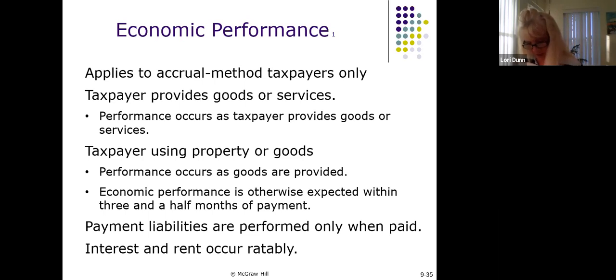Payment of liabilities is our last category. Economic performance occurs for certain amounts we owe when the business actually pays it. So incurring payment liabilities are essentially the cash method. So you can't deduct these until you actually pay them. Some examples: workers' compensation, rebates and refunds. Can't deduct those till you actually pay them. Awards, prizes, and jackpots.